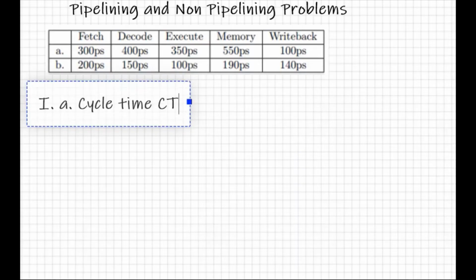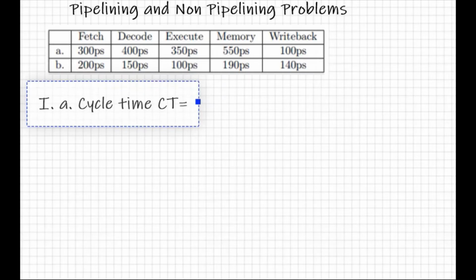Because there is no pipelining, the cycle time must allow an instruction to go through all the stages. Each instruction will go through all the stages, so whatever delays are given to you, you just need to add them.